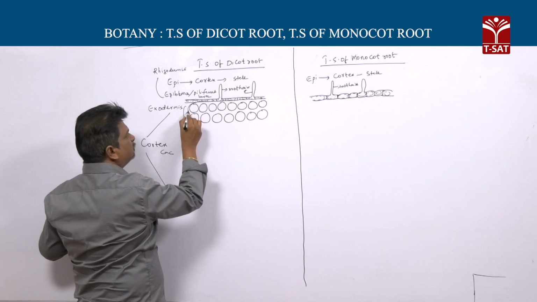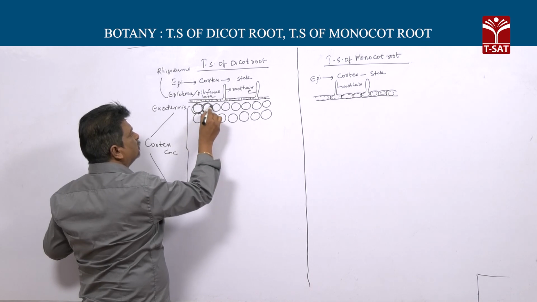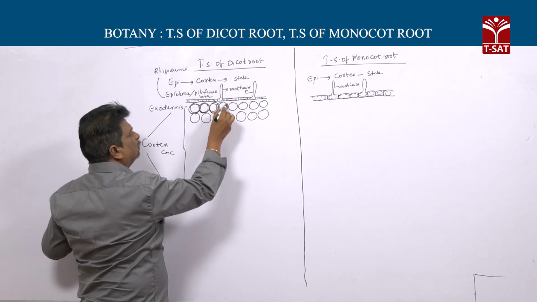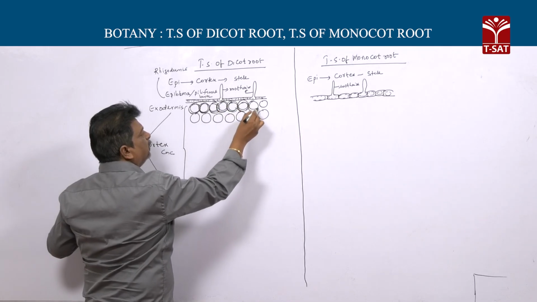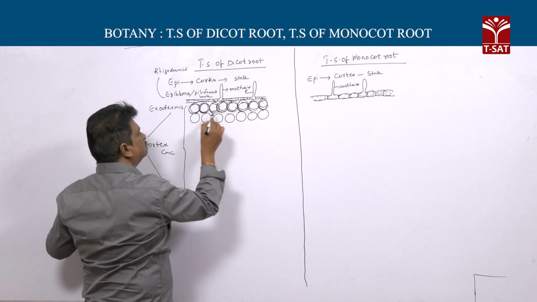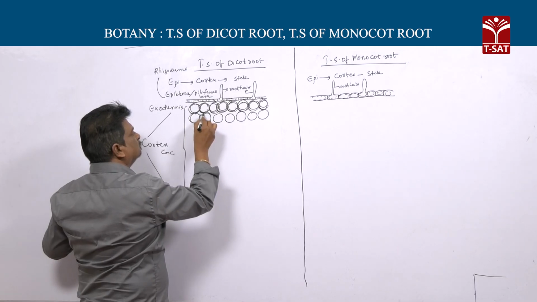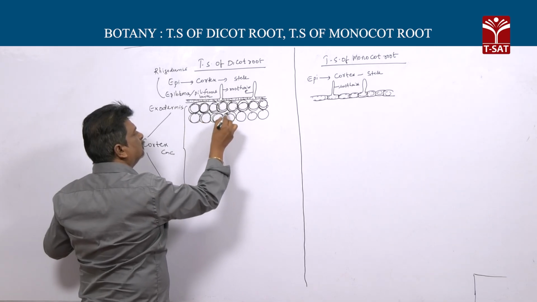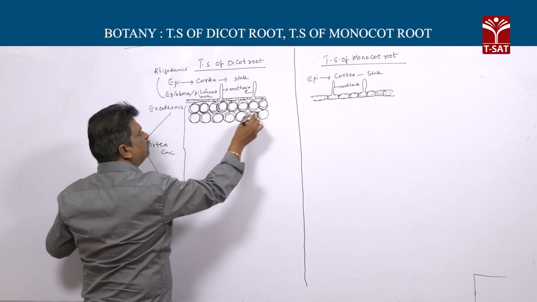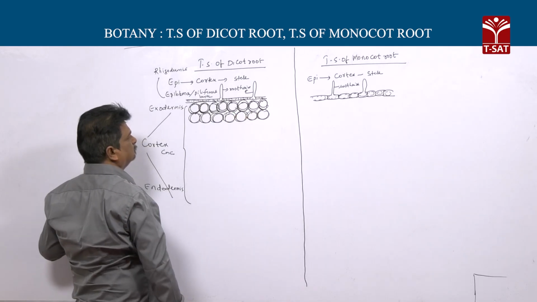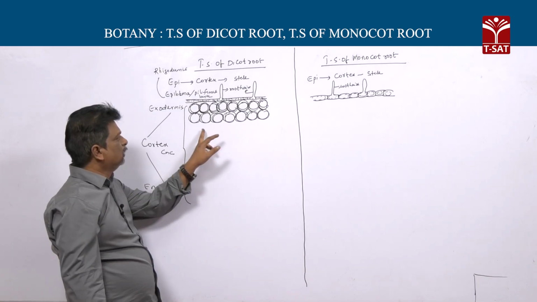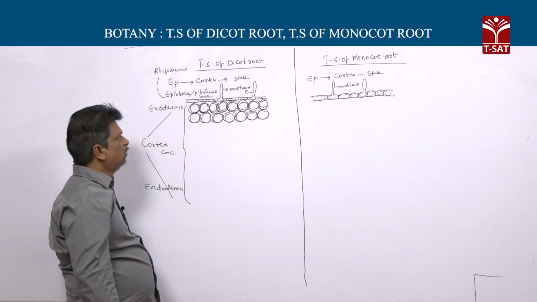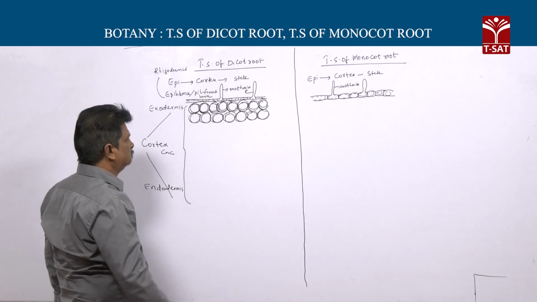First one, exodermis. The cells below the epidermis, initially they are parenchymatous. Later, due to deposition of suberin, they become thick-walled, called exodermis.